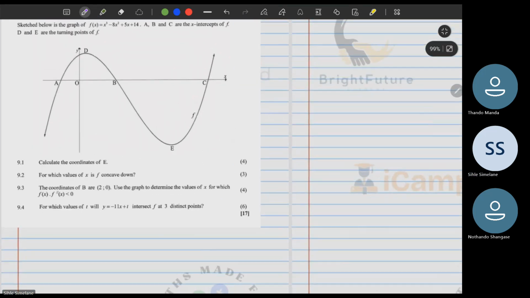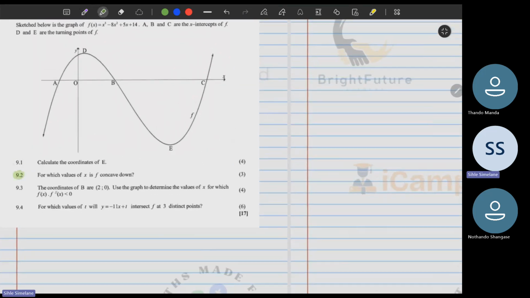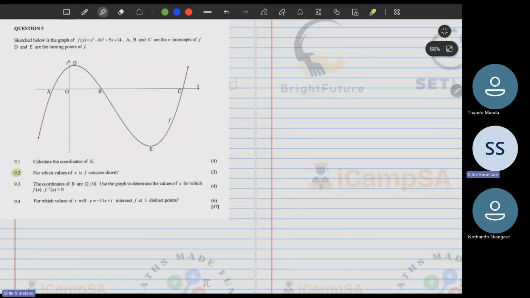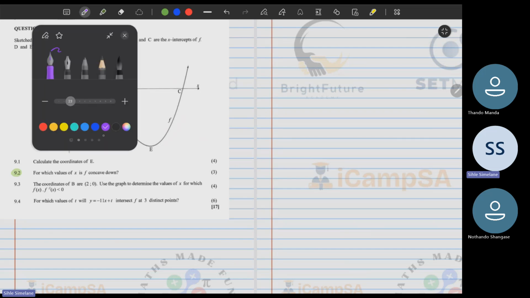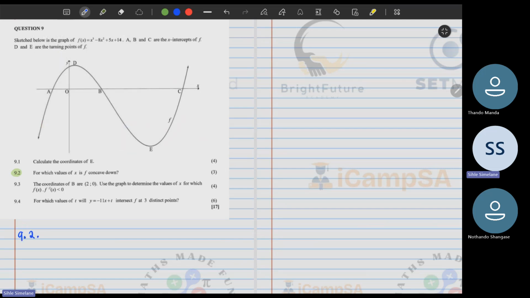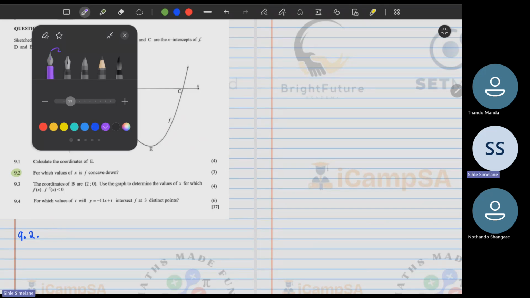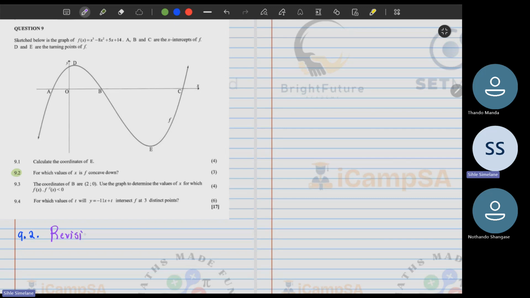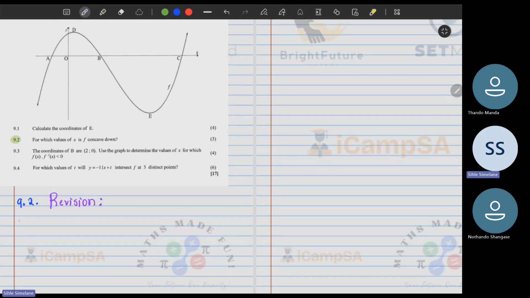Right. So for this, we are asked for which x values is our function concave up. Okay. So for this one, what we actually need is something that we have not touched. So 9.2. Okay. So in 9.2, guys, there's something that we call the point of inflection, which you would have been exposed to in class.